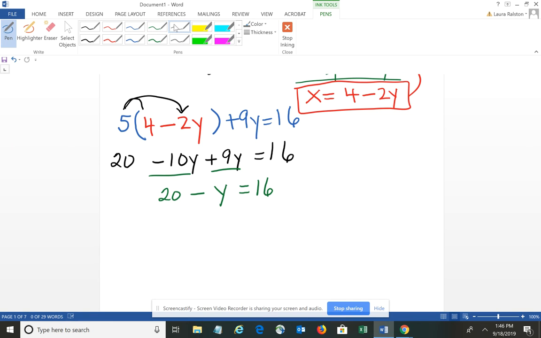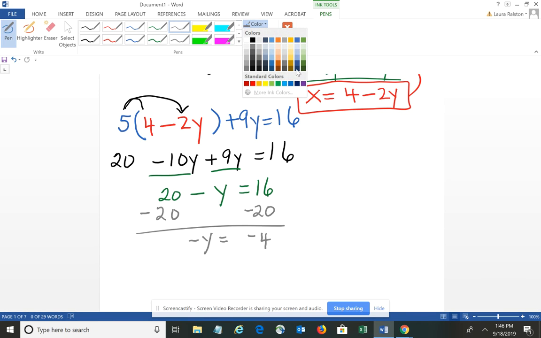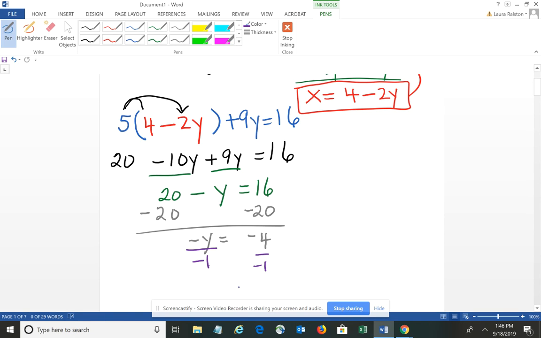I subtract 20 from either side, so I have negative y equals negative 4. I then need to get rid of the negative, so I divide both sides by negative 1, and I find that y equals positive 4.